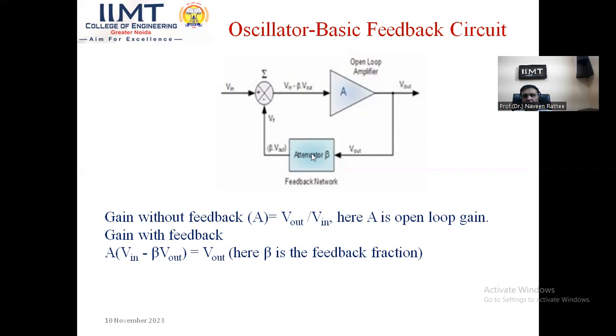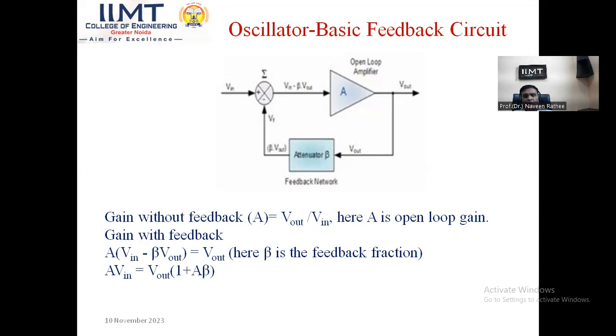Beta is the feedback fraction, that is the feedback gain. Now if we further simplify this equation, what will we get? We'll get A into V in is equal to V out times 1 plus A multiplied by the gain factor beta of the feedback network.